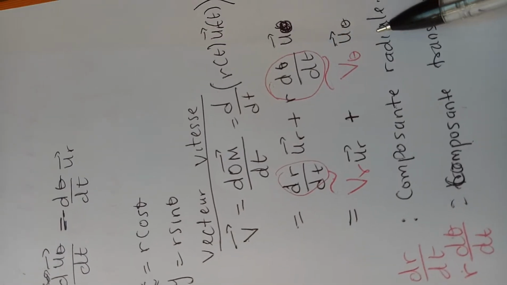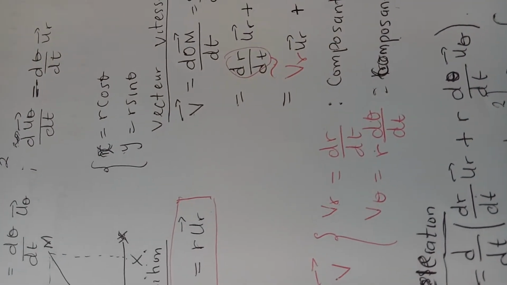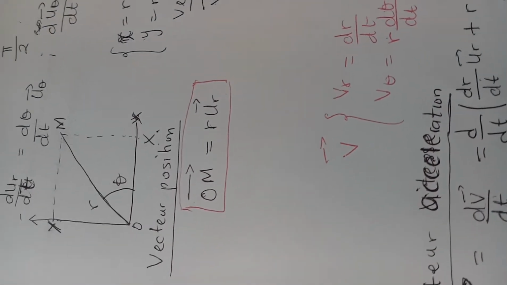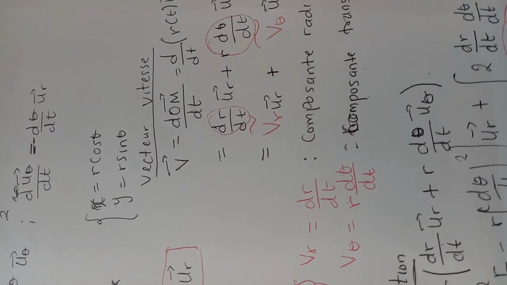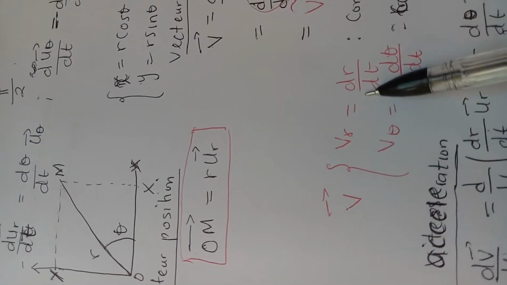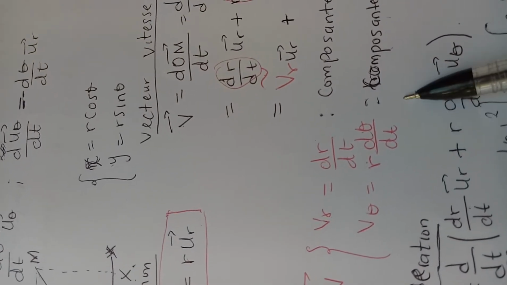So what's the composant of the velocity? It is divided into two: composant radial and composant transversal of the velocity, and it is vr equal to dr over dt and v theta equal to r d theta over dt.